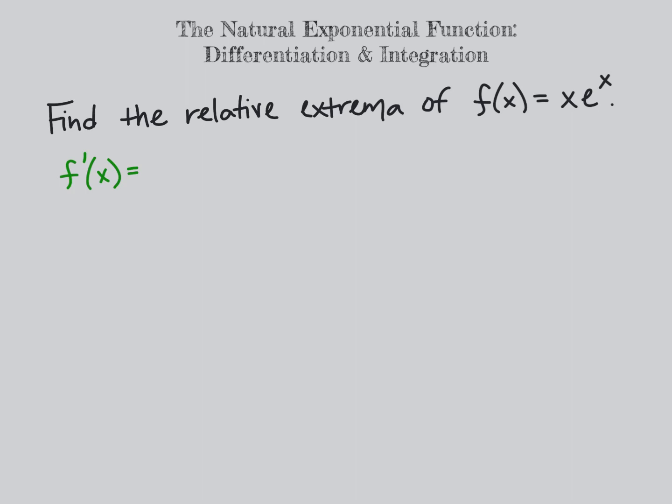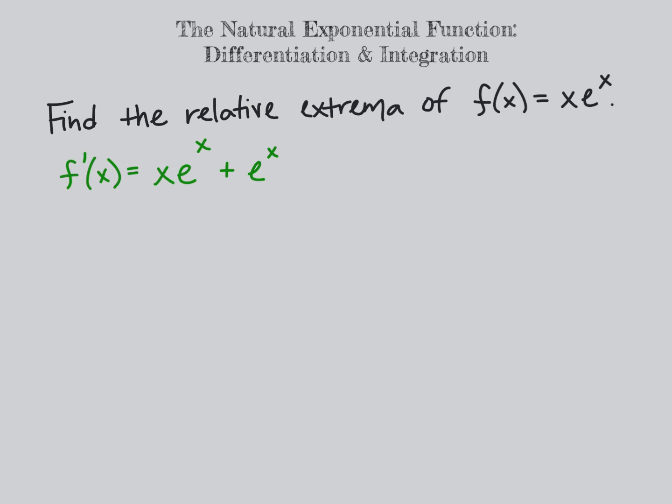And so we'll use the product rule. So we will take the first, which is x, times the derivative of the second, which is e to the x. Pretty cool. Plus the second, e to the x, times the derivative of the first. The derivative of x is just 1. So we'll multiply by just 1. Clearly I don't even need to write that times 1. We have our first derivative here, f prime, using the product rule.